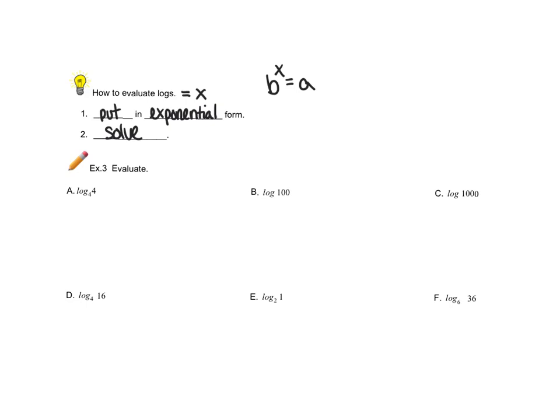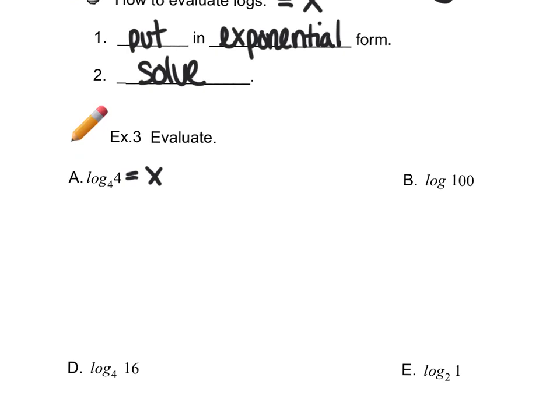That's exponential form. So for this one, we're going to write equals x. We're going to switch these like we did before. This goes here. That comes here. So we have 4 to what power equals 4? x equals 1.